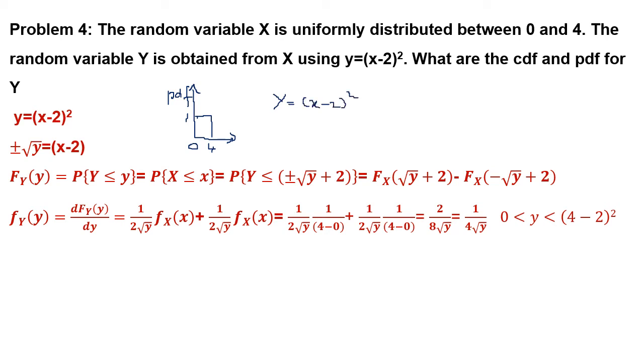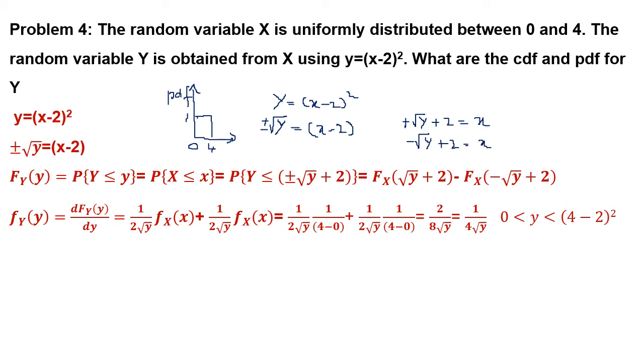So therefore plus or minus root y is equal to x minus 2. Therefore we can say that there are two values of x. The first value is root y plus 2 is equal to x. Another value is minus root y plus 2 is equal to x.